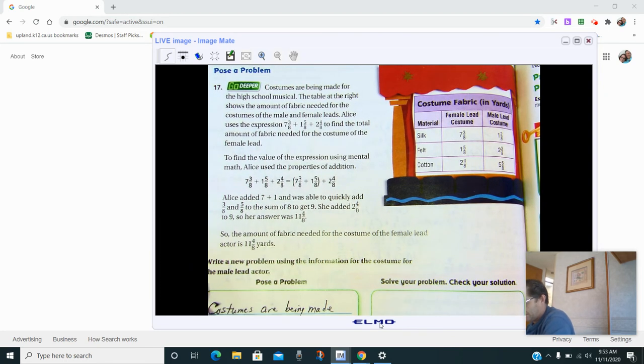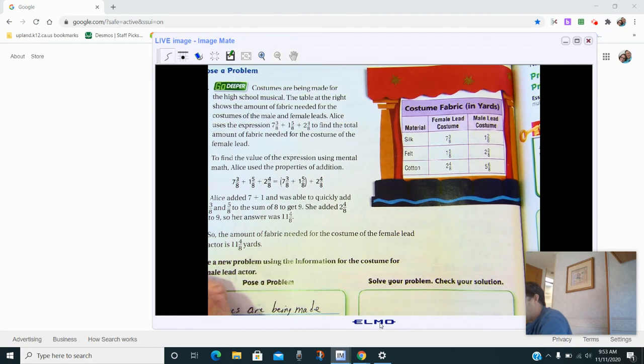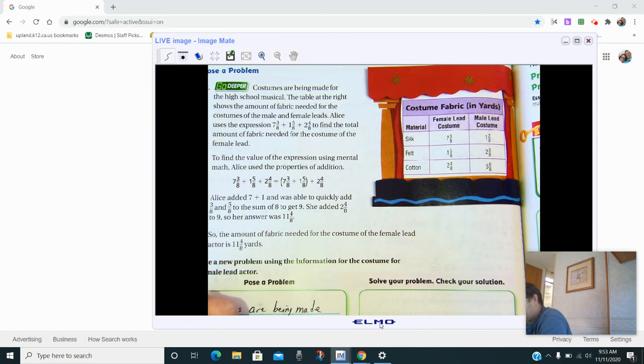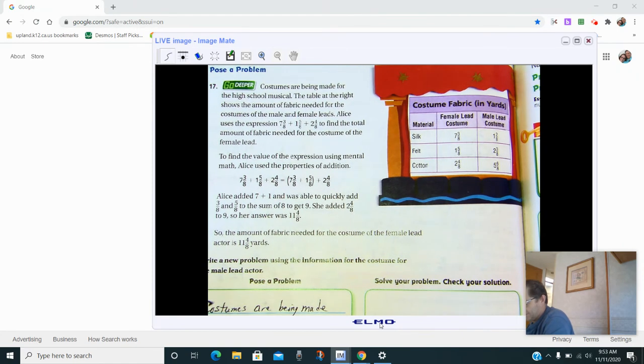Alice uses the expression 1 and 2/8 plus 2 and 3/8 plus 5 and 6/8 to find the total.